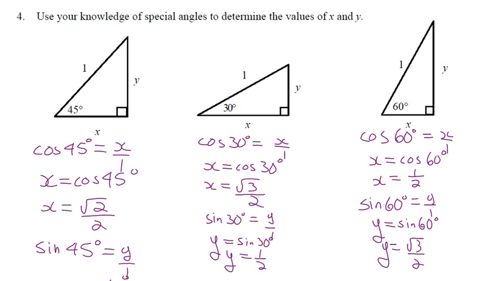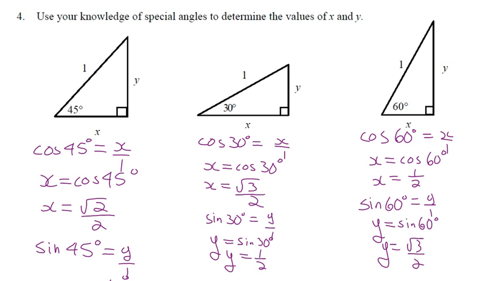So, what do we notice? What can you say about x and any of those angles? What's x equal to? It says x equals r all over the place there, right? What's x equal to? The cosine of the angle. What's y equal to? Sine of the angle. It's kind of interesting, right?